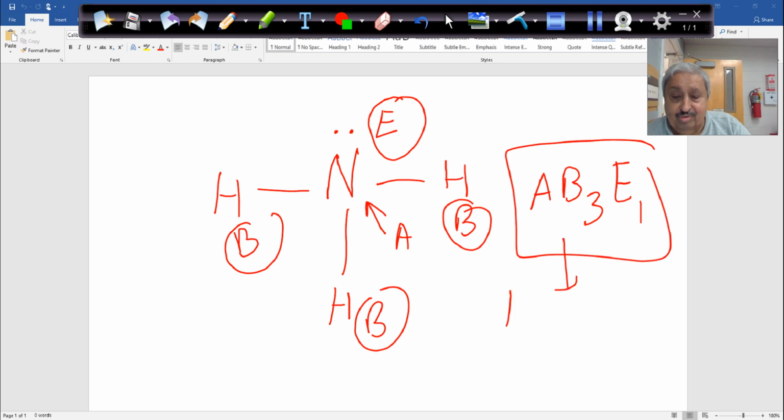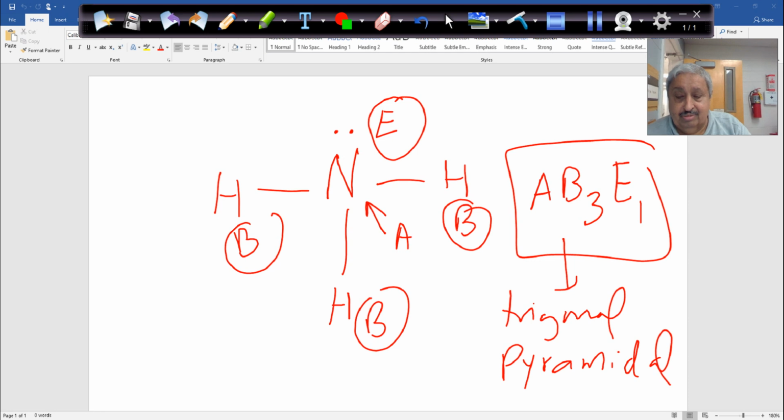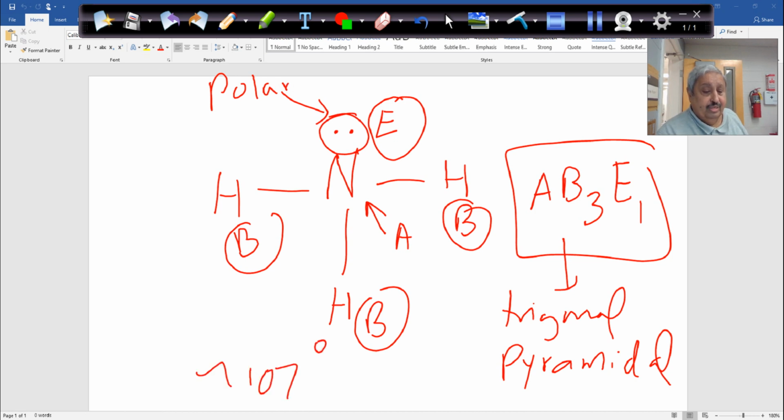This again will be trigonal pyramid, or sometimes just pyramidal. So trigonal pyramidal or pyramid. And the polarity, yes, it has a lone pair, so that's polar here, and the angle is around 107 degrees.